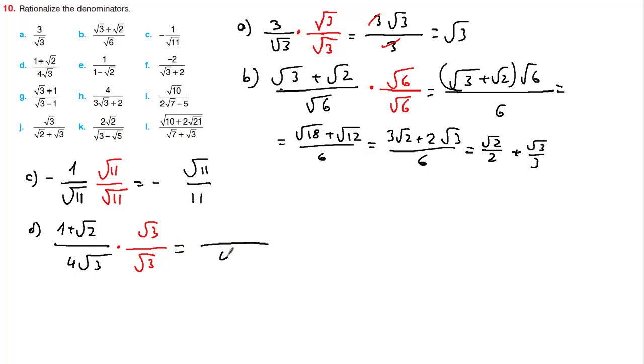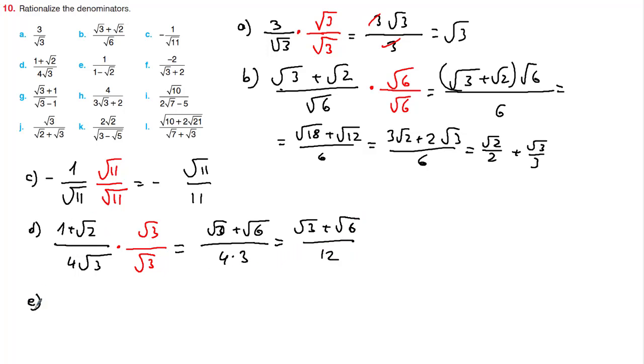So it will be 4 times root of 3 times root of 3 is just 3. Now 1 times root of 3 is root of 3, and 2 times root of 3 is root of 6, which makes it square root of 3 plus square root of 6 over 12. And that is not square root of 9 over 12.